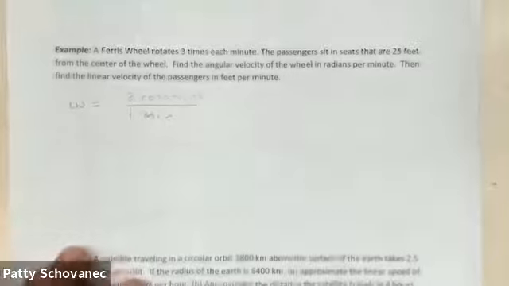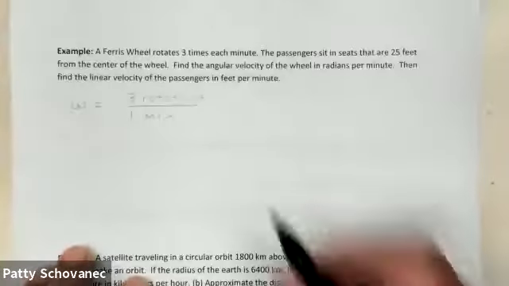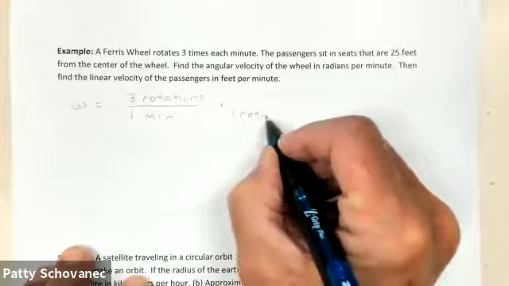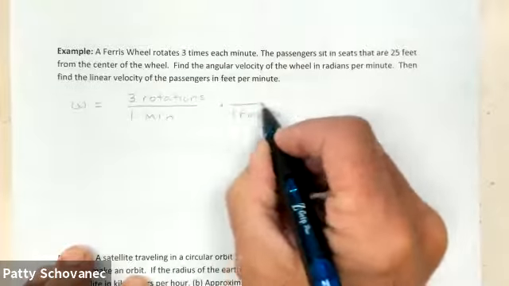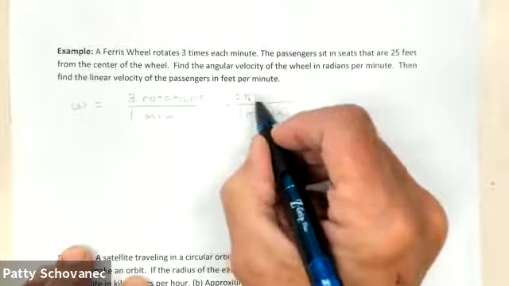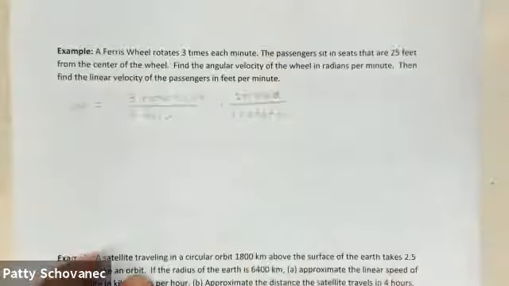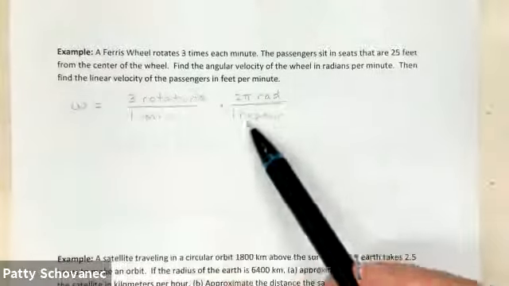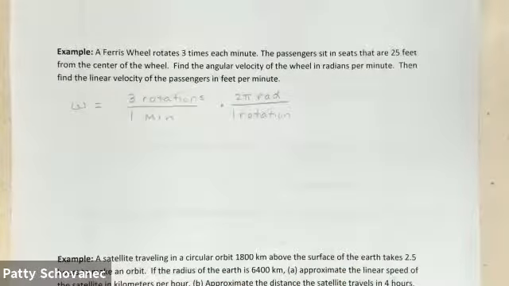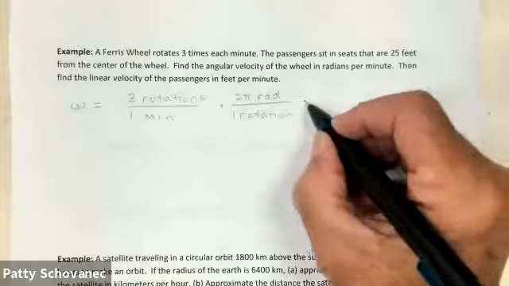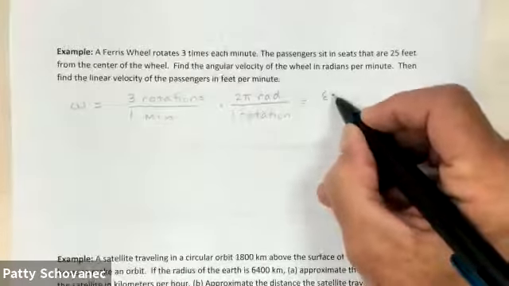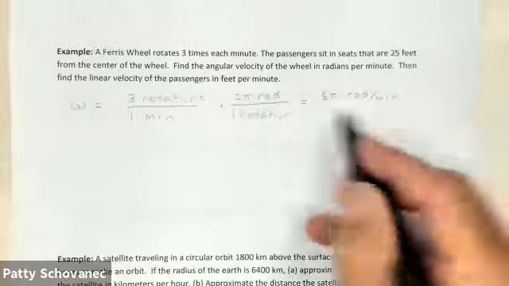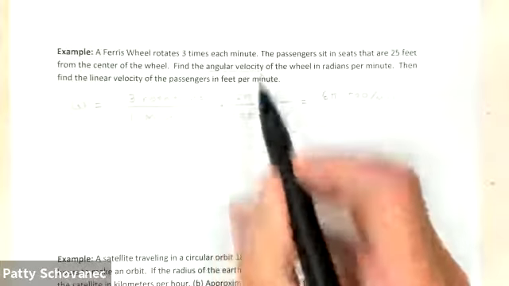And a rotation is 2 pi radians. So I'm going to cancel rotations. 1 rotation is 2 pi radians. And when I cancel there, I get radians per minute. So 3 times 2 pi gives me 6 pi radians per minute as the angular velocity.